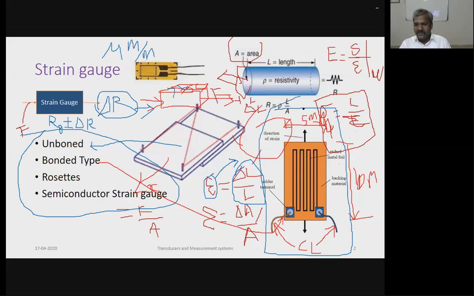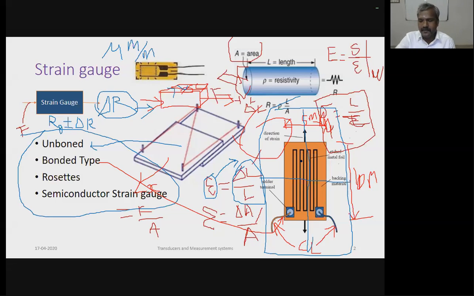That is why it is represented by the direction of strain. Keep in mind that the bonded type of strain gauge should be bonded exactly over the line of action.